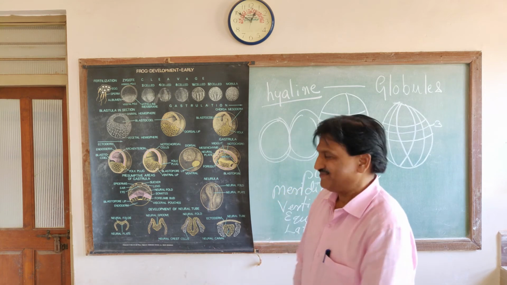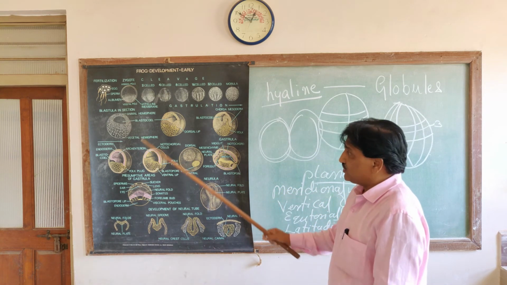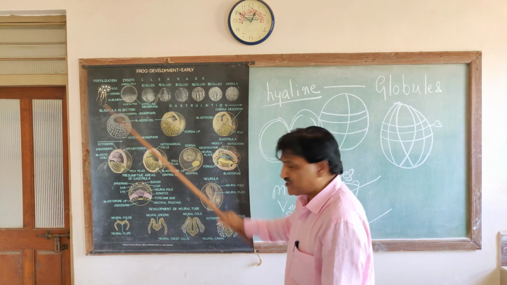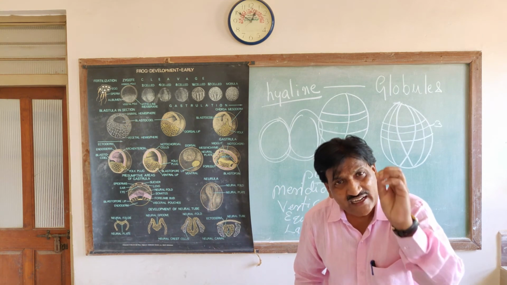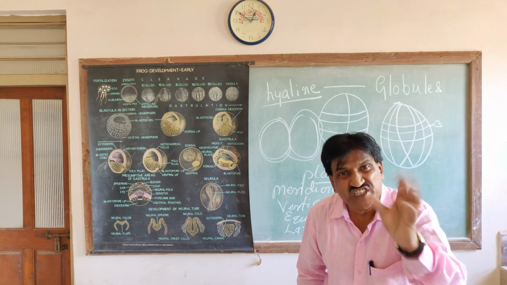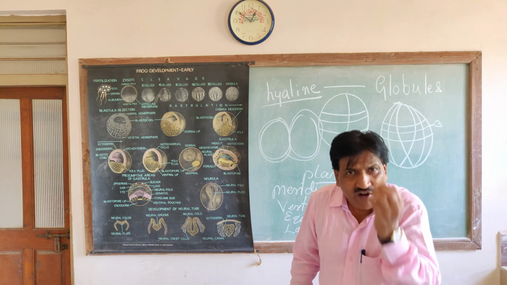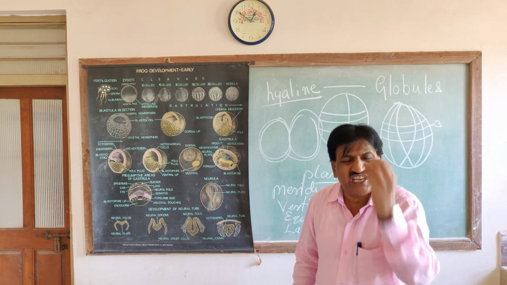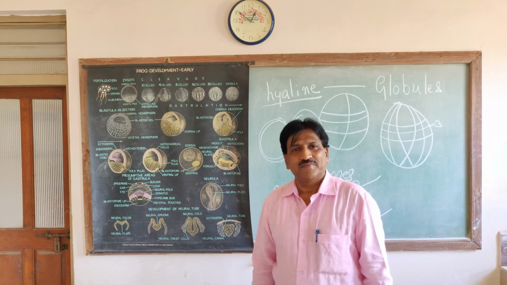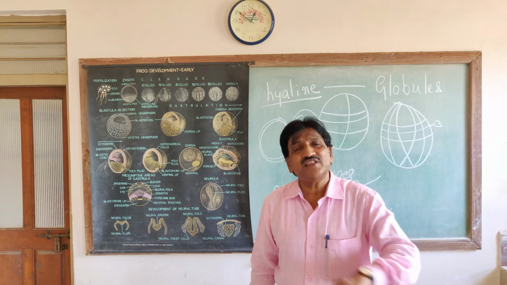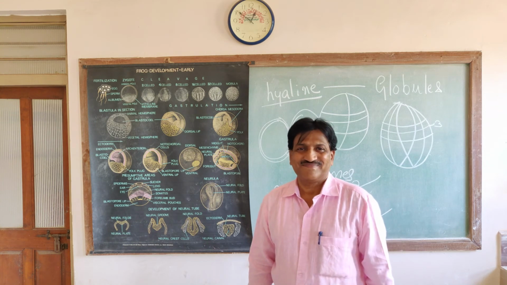Okay, you have to write. And third, because it is hollow in nature, it has a cavity. That cavity is called the blastocoel. It is filled with a kind of fluid called blastocoel jelly, secreted by the surrounding cells.